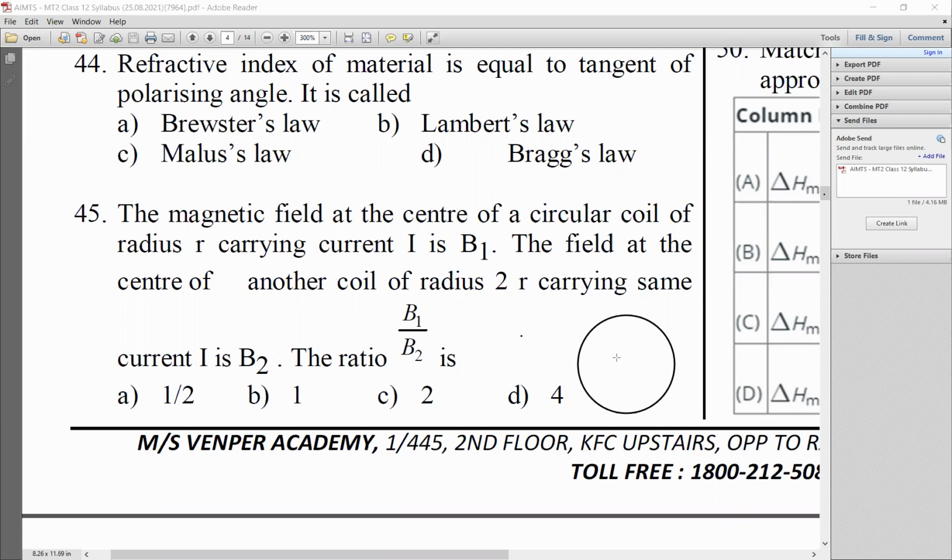What is the magnetic field? Mu naught I by 2r. So B1 by B2 will be how much? R2 by R1. Correct. R2 is 2r, R1 is r. So the answer will be 2 by 1, option C.